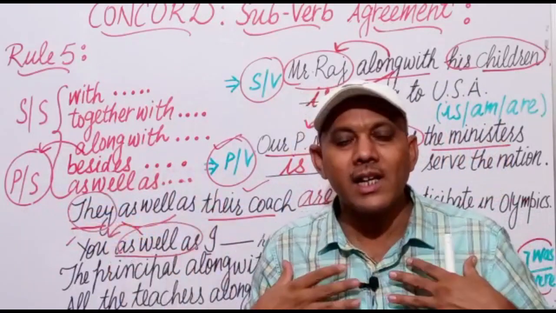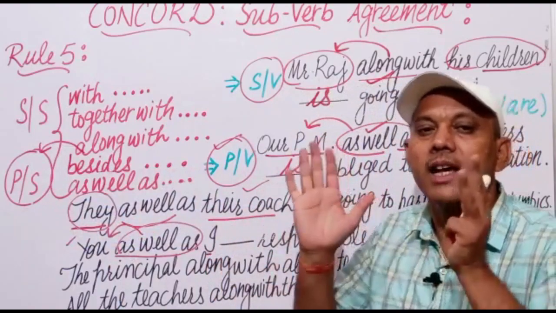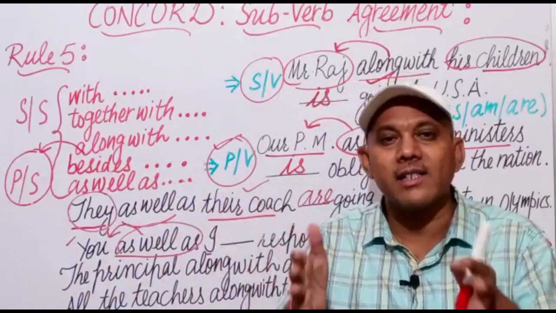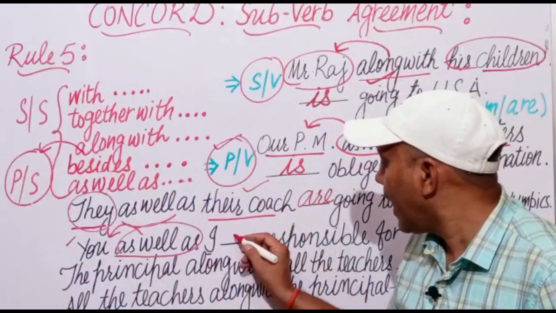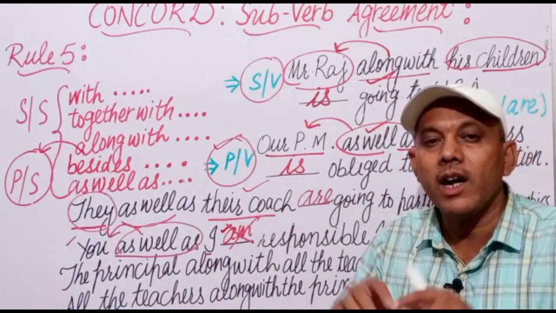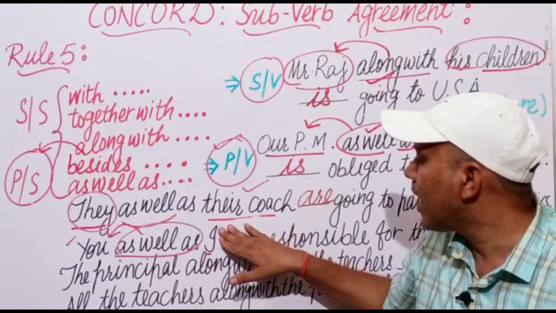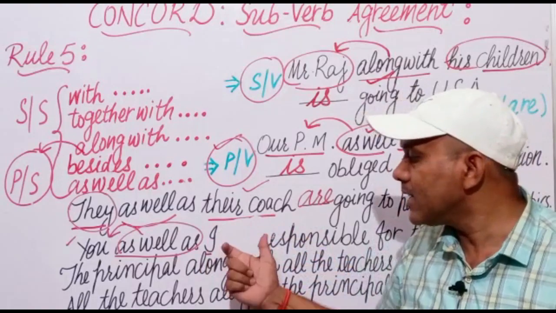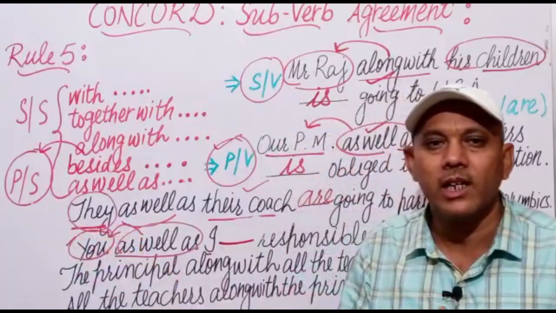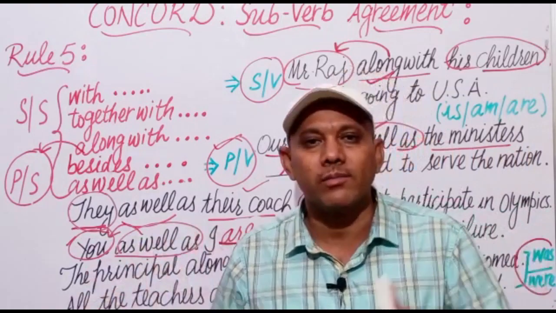You as well as I are responsible for the failure. इस असफलता के लिए, इस फेल्योर के लिए तुम और मैं इकट्ठे जिम्मेवार हैं. यहां हम आई को देखकर एम का यूज नहीं करेंगे बिकॉज बच्चे अक्सर आई के साथ एम का यूज करने के हैबिचुअल होते हैं, and they will use am with I. But in this sentence, this verb will be used according to this subject.